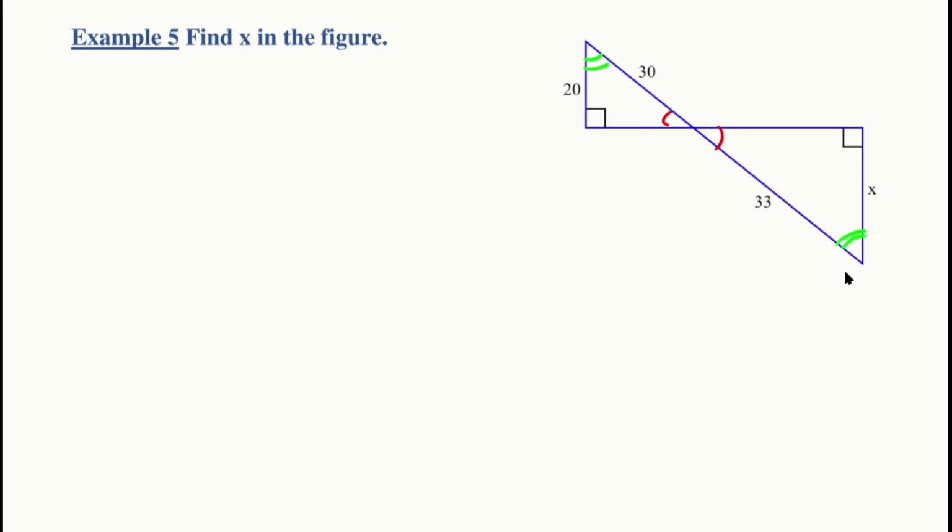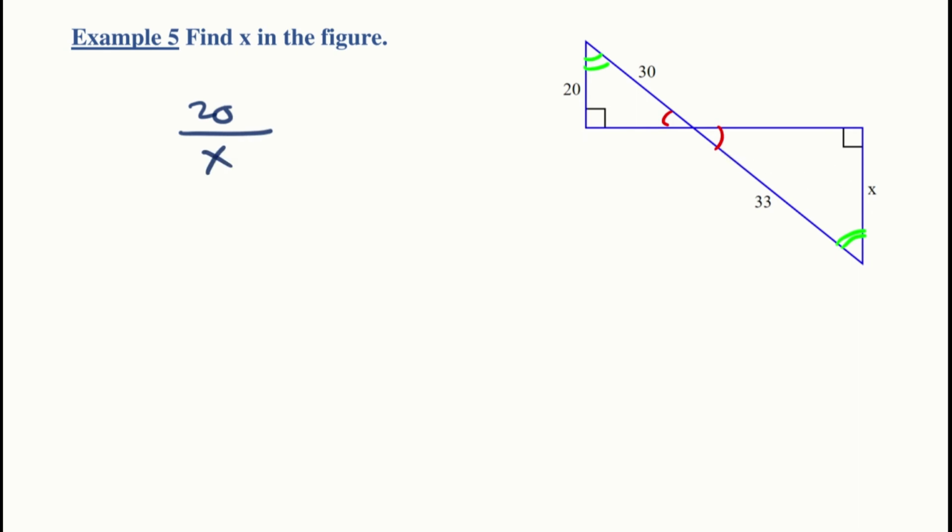So the reason we need to mark the angles properly is because we're going to set up our proportion using those markings. So let's say we start with the side opposite the single mark on this smaller triangle, right, which is 20. Let me go ahead and use my darker color, it's easier to see. So 20 over, now here from this triangle, what's opposite the red, or single mark, right?